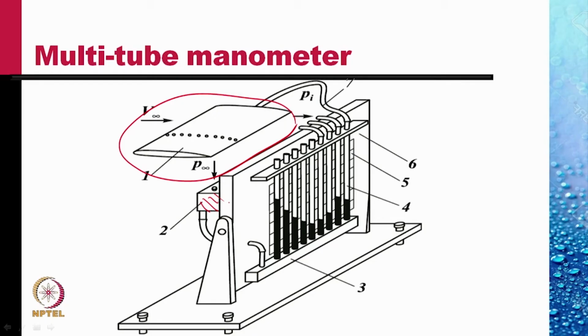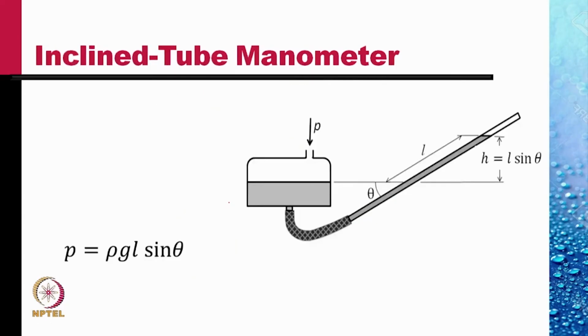in the aerofoil. This is another device, an inclined tube manometer. See, the pressure difference that we measure is rho g h. If h is small, it can lead to error. So, to increase the value of h, we incline the limb of the manometer at an angle theta.